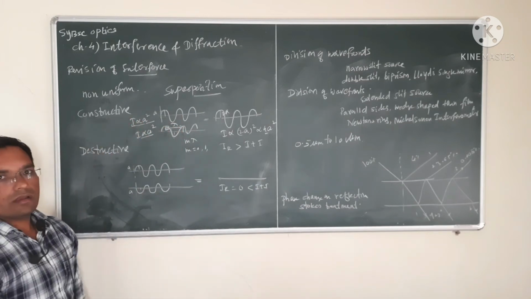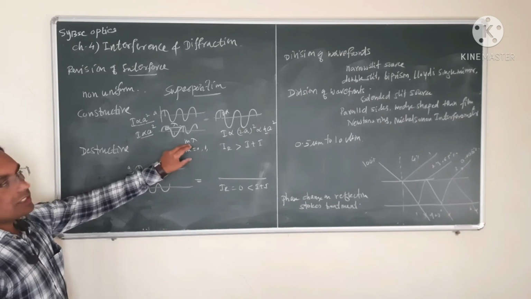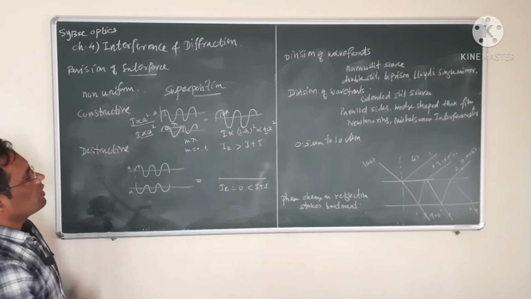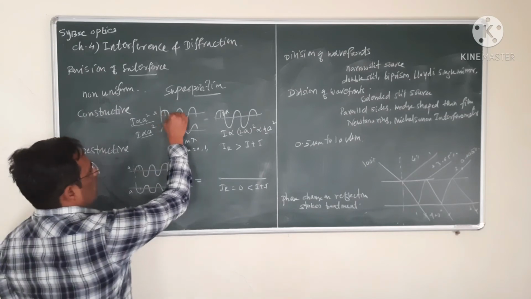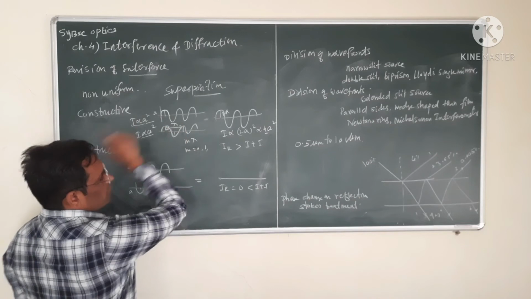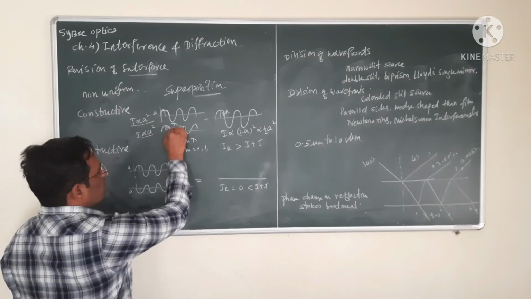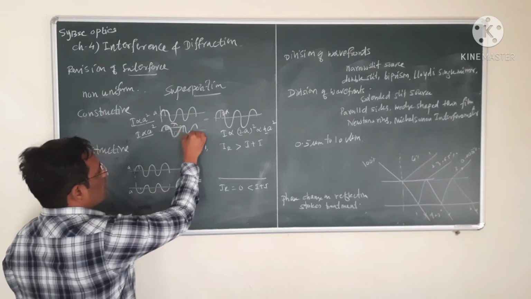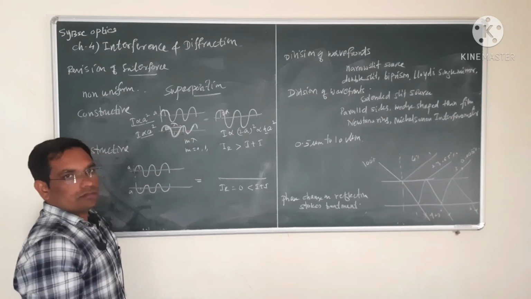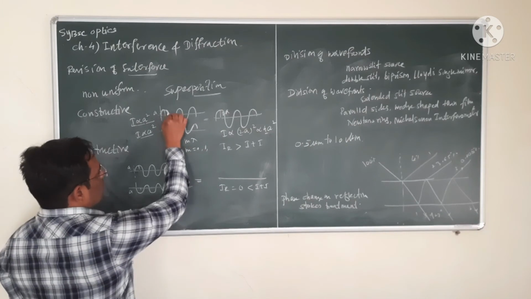Okay, try to understand this. See why this condition came for constructive interference. If we have this wave and another wave having a wavelength which is an integral multiple of the first wave, then these two waves are in phase with each other. Suppose m is equal to 0, then we can draw this figure like this.